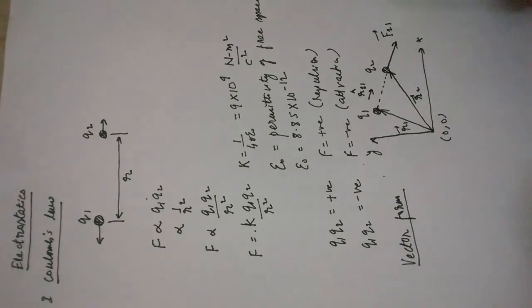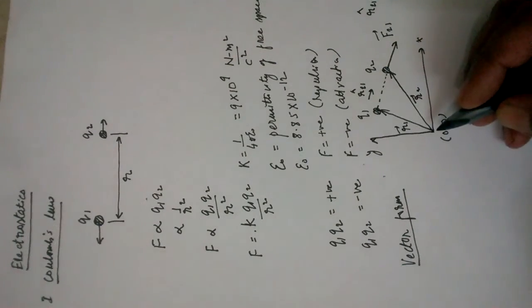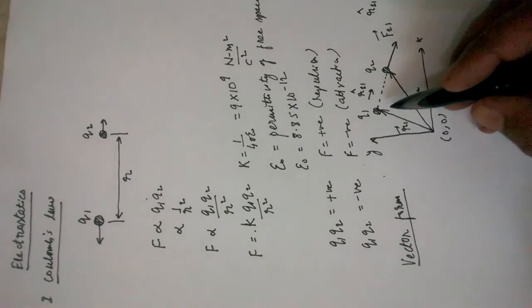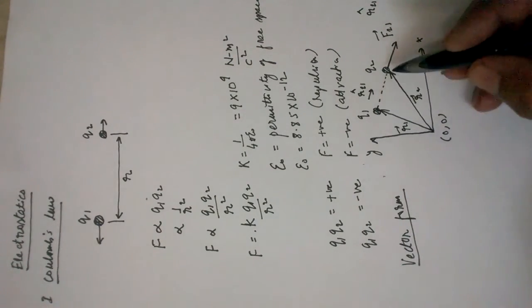Now let us see this r21 cap. What is the meaning of r21 cap? When I write r21 cap, it simply means vector r21 by the magnitude of r21. What is r21? The r21 vector is the displacement vector starting from 1 to 2.